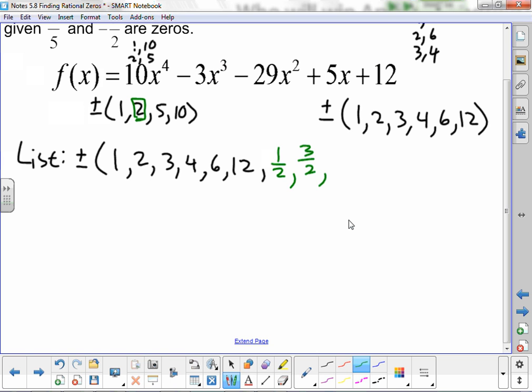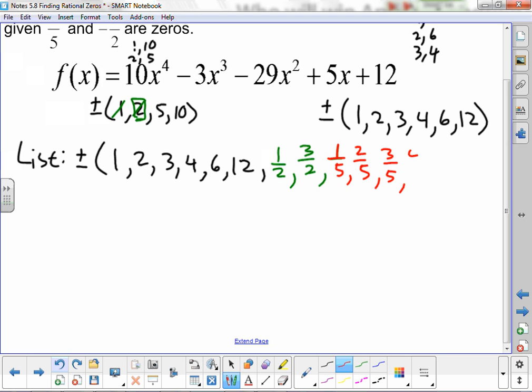Okay, so now let's add on. We did 1, we did 2, now we're going to put it over 5. So we're going to put a 1 over 5, which is not on our list yet. Let's do this in red. 1 over 5. Then a 2 over 5, which is not on our list. Then a 3 over 5, which is not on our list.